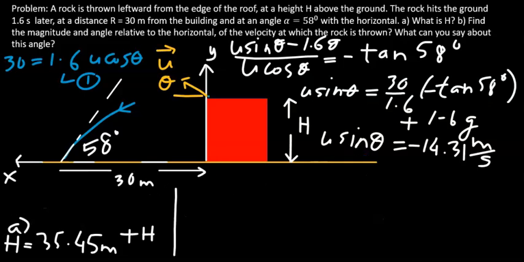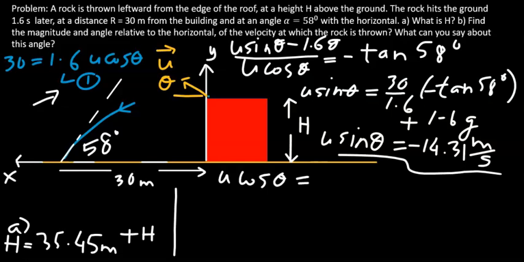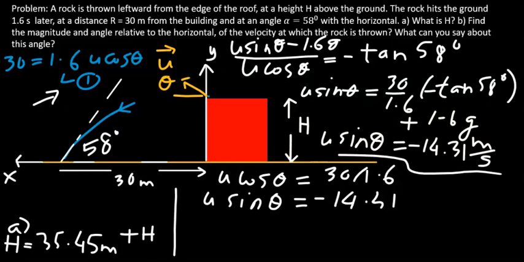Now we have to find the magnitude of the initial velocity and also the projection angle. For that, we need this equation and that result. Now we know u cosine theta is 30 over 1.6. We also know u sine theta equals minus 14.31. So this is equation 1 from here, and this is equation 2 from there.